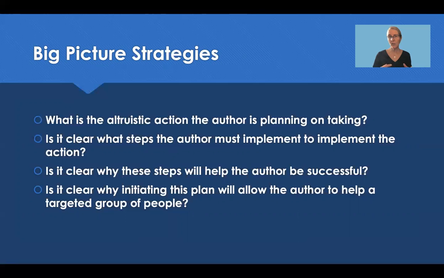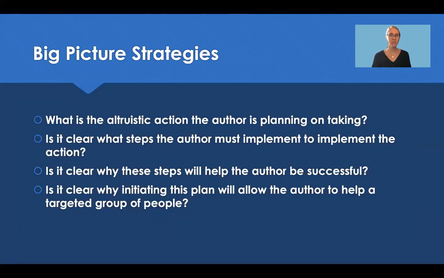Is it clear what steps the author needs to implement in order to make this work? So you might need to think about it from a step-by-step perspective, and do those steps make sense to you as a reader? Is there anything missing, or do you get confused how this connects to this? Is it clear why the steps are going to help the author be successful?